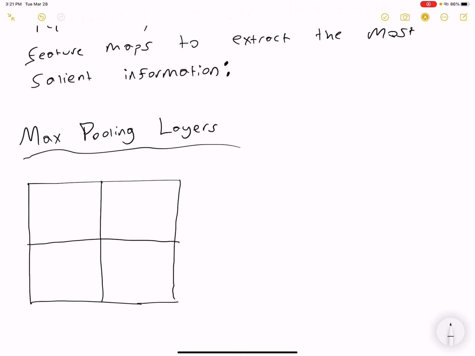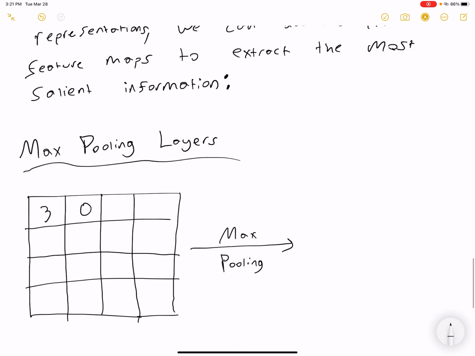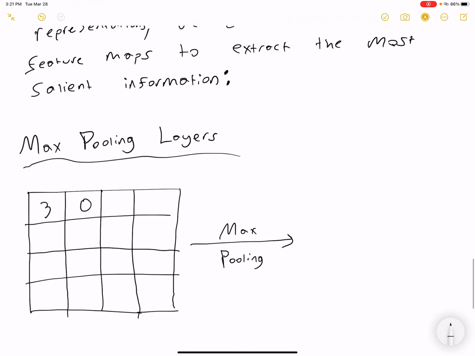This is one of those examples where defining a mathematical function to explain this would look really complex, and just seeing an example, it's super simple. So let's say we have an activation map, and what's that word? The most salient information? Yeah, most salient. Okay. 3049, -1003. I'm just making up these numbers.